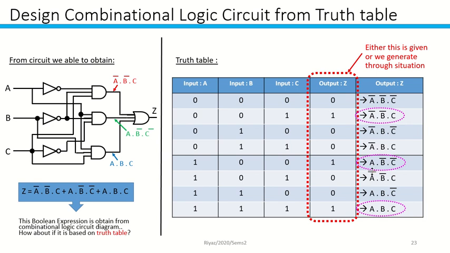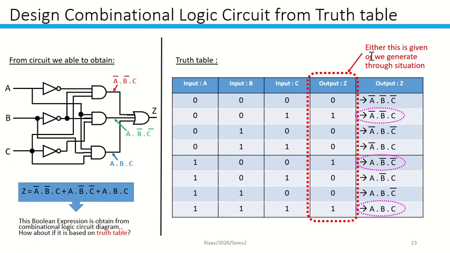And this one, A dot B bar dot C bar. So you can see over here, A dot B bar dot C bar, and also you're going to have A dot B dot C, which is similar to this one. So that's why you select this as 1, over here is 1 and 1. And other than that, because they are not selected at all, they become 0 over here.